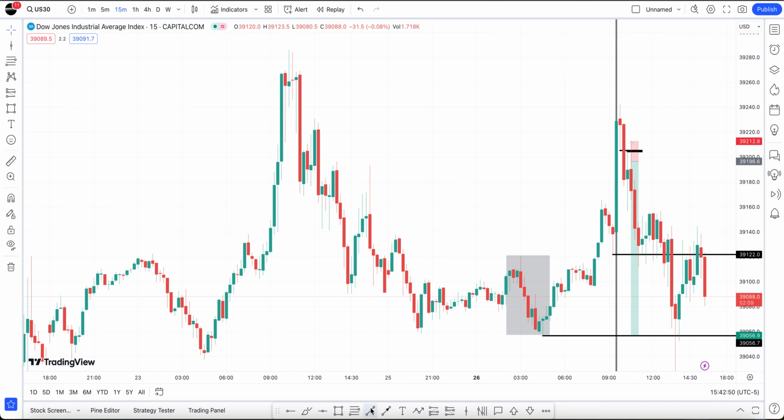So on a 15-minute chart, immediately I noticed there's a fair value gap here, gets traded to, and it doesn't close above. So that's telling me something. But it trades to this up close candle, this green candle.